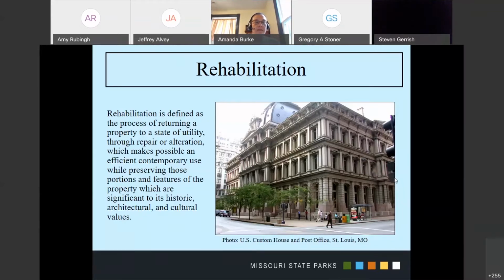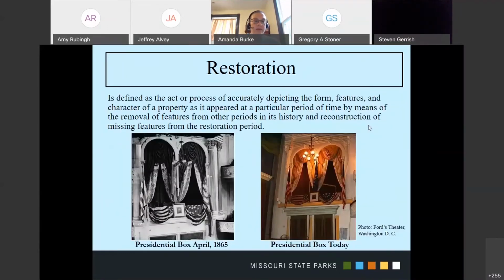So when we have time, we will be looking into ways to get this guidance more in line with the SOI standards, because that is not an acceptable treatment if you're doing a tax credit project or any other project with our office. So we would like to look at that in the future, but I've been saying that for several years now. So one day, hopefully we'll get to it, but we won't be doing that without lots of consultation with you and discussing everything. So just to let you know, and a little bit about the flexibility there.